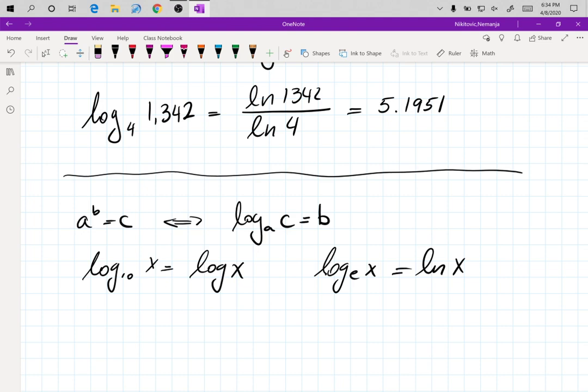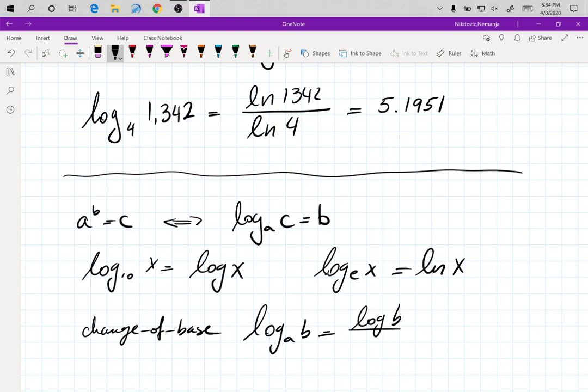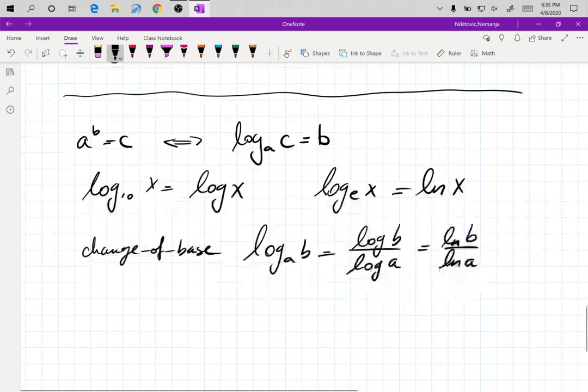They're nowhere in application. But we can deal with those using the change of base formula, where you take log of any base a and any number b and you just go log b over log a or ln b over ln a, right? Depending on which one you prefer on the calculator.